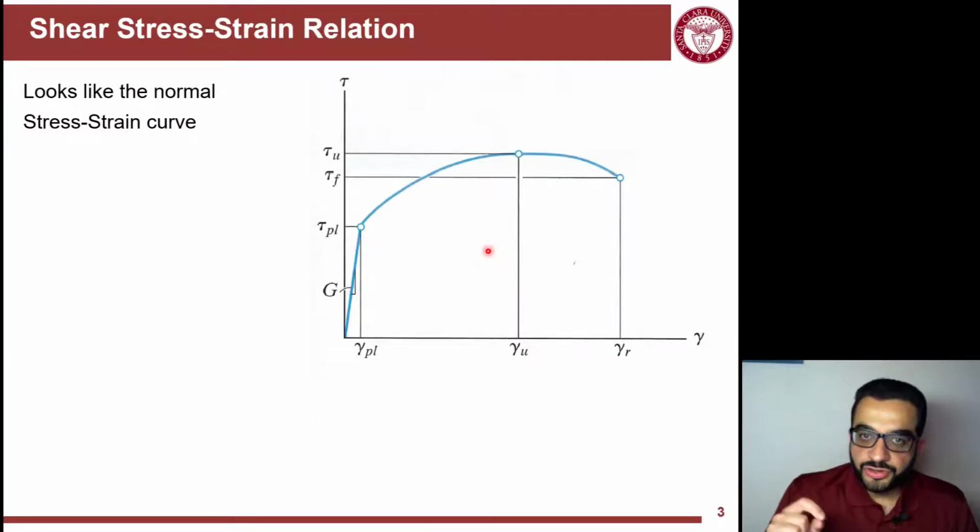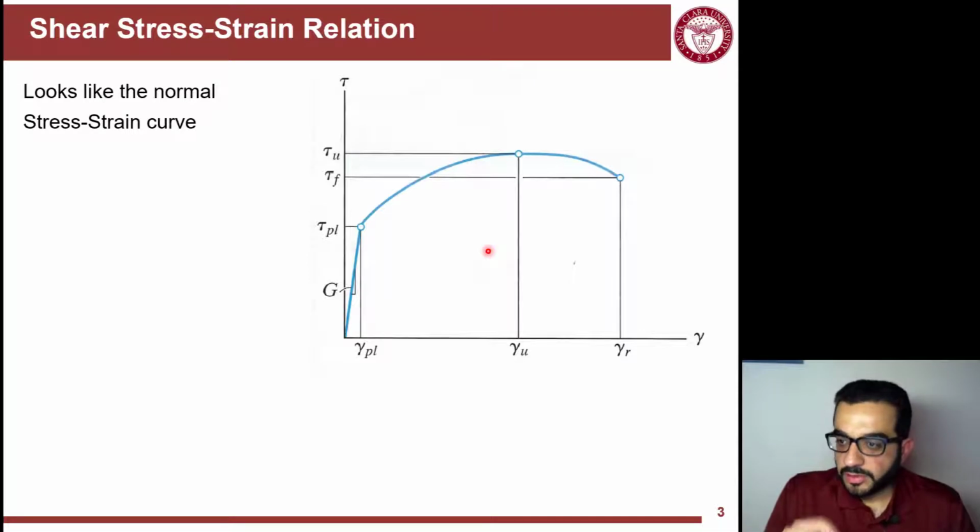Now, shear stress and strain relation. We've seen a similar curve when we discussed the normal stress and strain relation, so it exhibits the same behavior. We have here a linear relation up to a tau proportional limit, which is the borderline between the elastic and plastic.